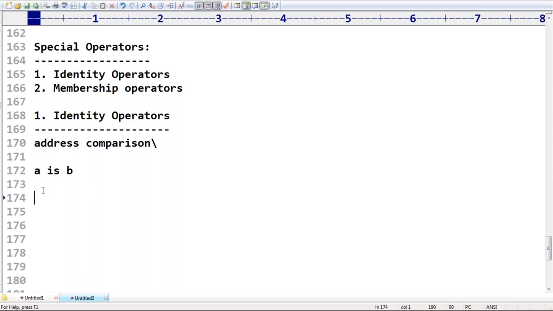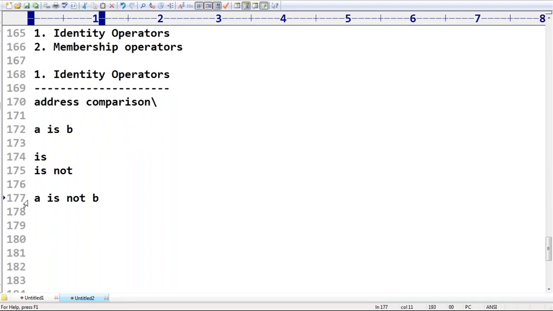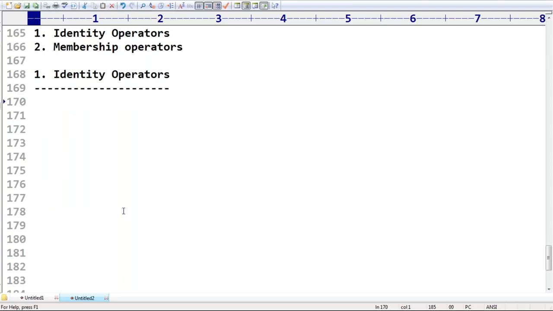You can use either is, or is not. a is not b means a and b are not pointing to the same object. So the first one is is, and then is not.